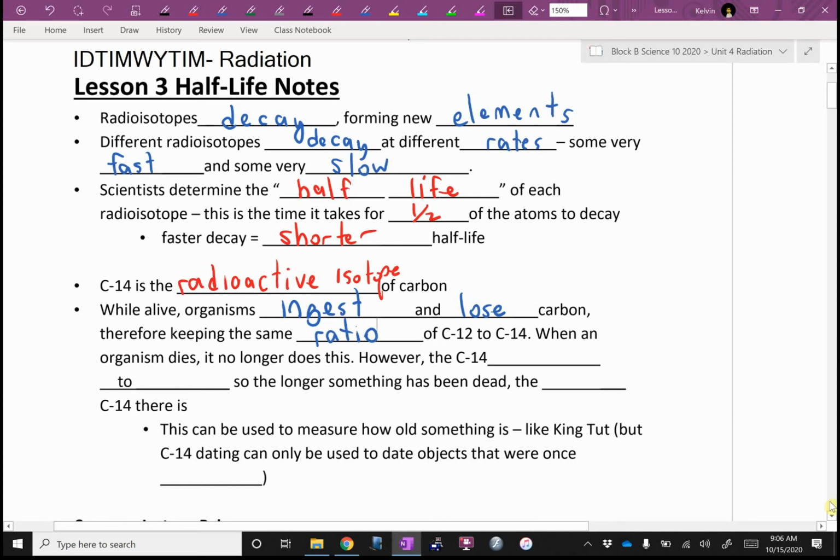And so this is how we've been able to get woolly mammoth DNA from hair and things like that. We found woolly mammoth babies that are frozen as well. And so this is how we know that woolly mammoths were still around when humans were around. When we do the carbon-14 dating, we can date them to about 8,000 or 10,000 years ago, and we know people were around then.